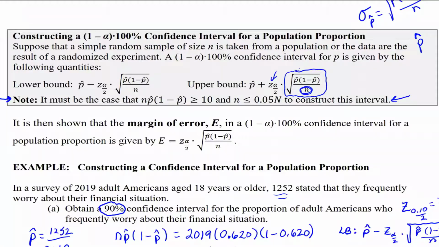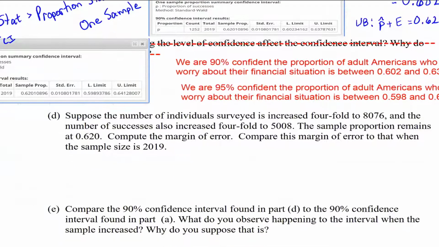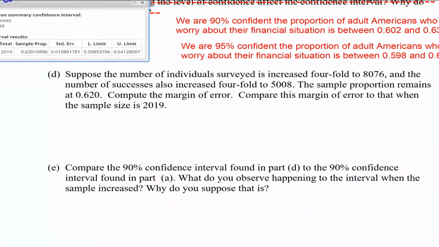That's the law of large numbers once again. If I survey more folks, I should feel more confident in my estimates. Right? You're less likely to vary from your goal. And that's what's happening in letter D here. Let's say we increase our sample size fourfold to 8,076.